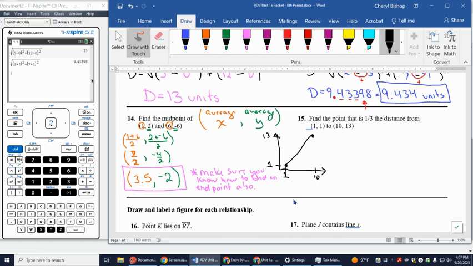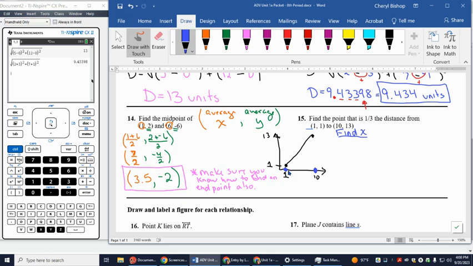So I'm trying to find the distance that's 1/3 from that bottom point going towards that top point. Remember, we have to do the process twice, once to find our x value and once to find our y value. To find x, the first thing we do is move our points down to the x-axis, here and here.